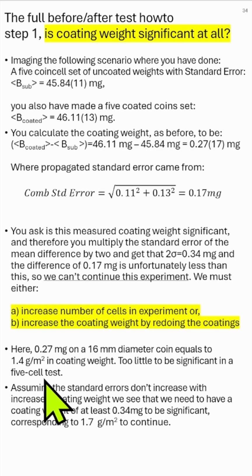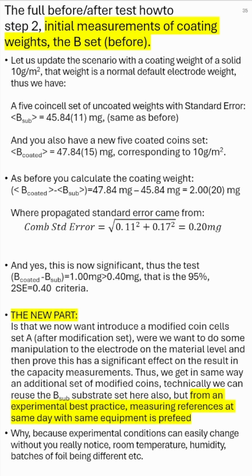So if we assume that the standard errors don't increase with increased coating weight, then we can calculate what coating weight we actually need to be significant. If 2 sigma is 0.34 milligram, and if we do that calculation, we find out that we need at least 1.7 grams per square meter instead of 1.4.